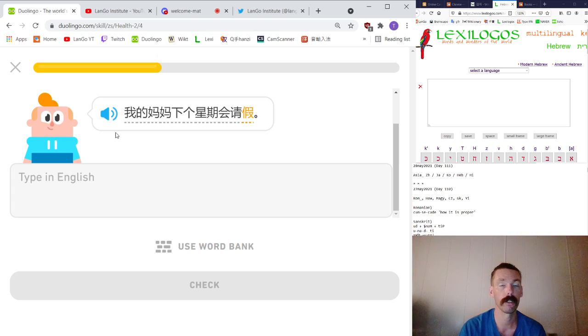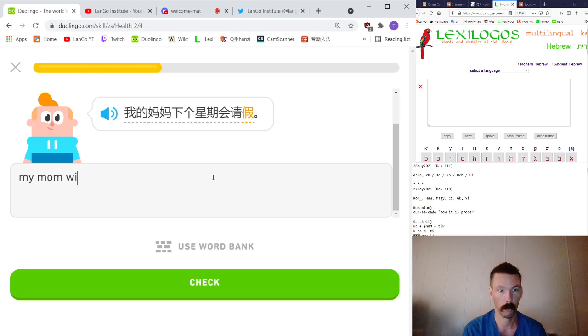Alright, we've got the topic subject first. 下个星期, 星期 tells us the time, next week. 会请假 will request time off. My mom will. What do they want? 会请假 Take leave. We'll take leave next week.